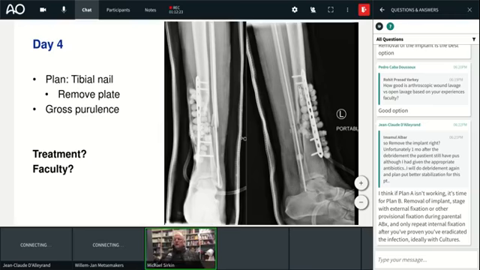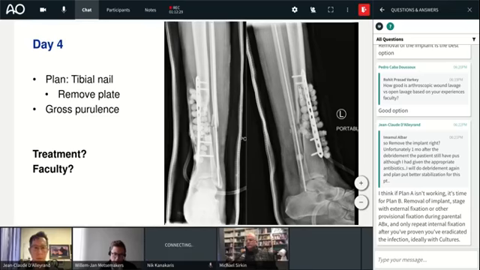I think that's reasonable. Wilhelm? That's a good option. You could even suggest, in my opinion, to go for definitive ring fix if it's really unstable, not clean, and you don't want to have any implants in place at that time. Okay. Jean-Claude? I would agree. I have a bias towards ring external fixation, particularly with infections.